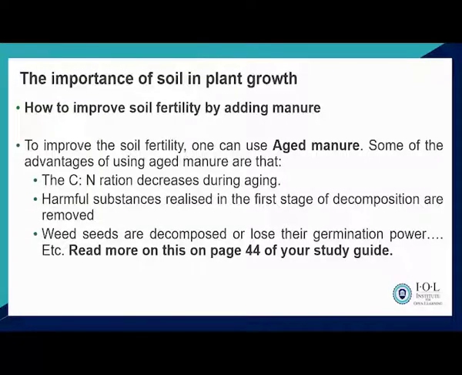Another advantage is that weed seeds are decomposed, or they lose their germination power. Once again, you are asked to read up more on this on page 44 of your Agricultural Education 1 study guide.